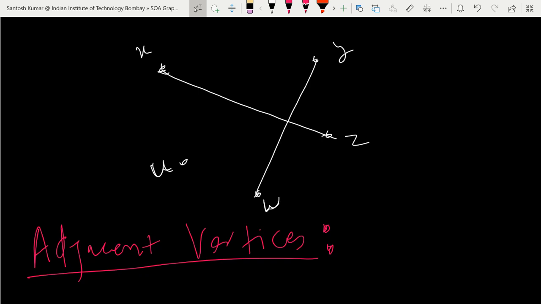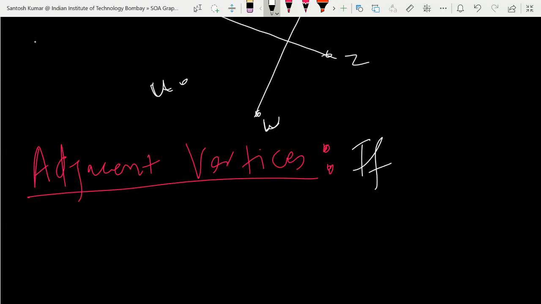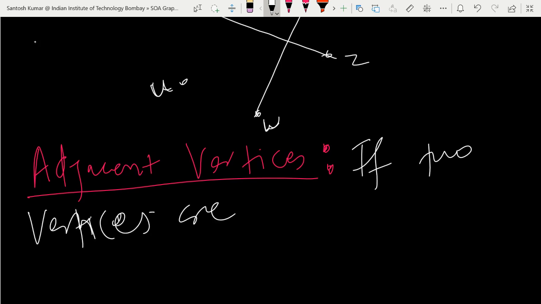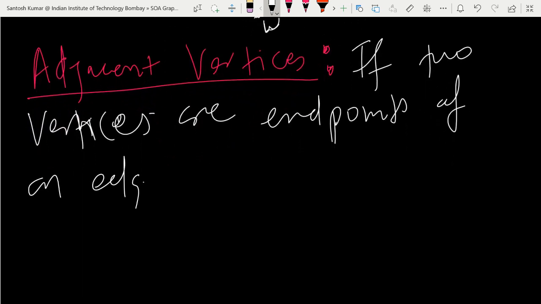So yes, correct. Simply, if two vertices are endpoints of an edge, then they are adjacent.